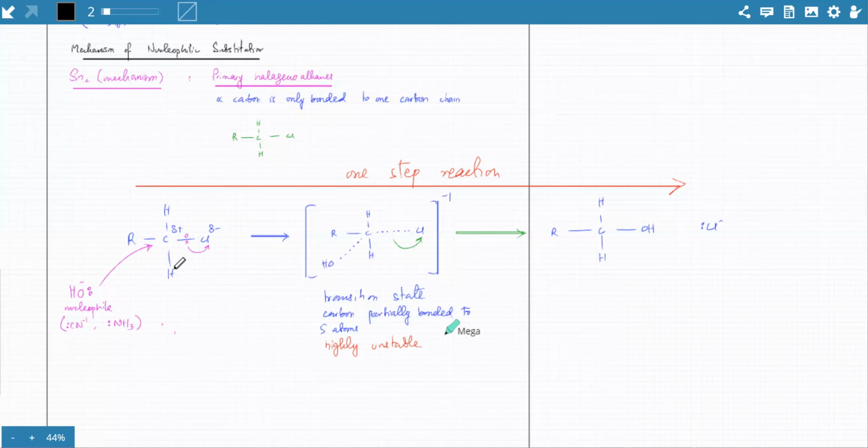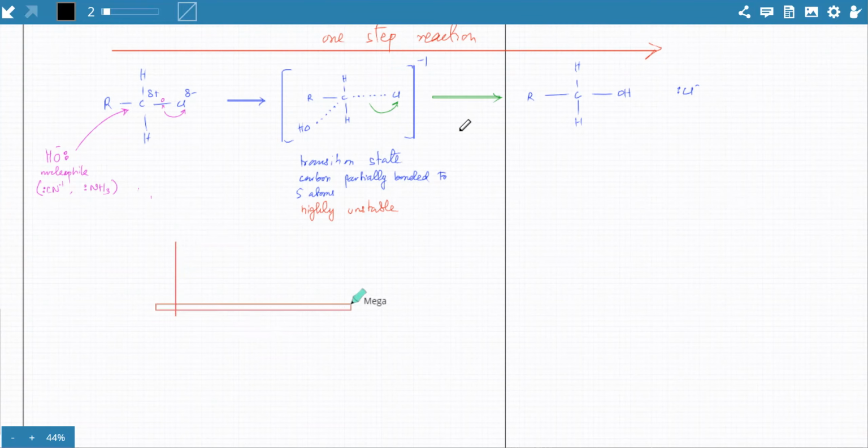And so that's a one-step reaction. You have to be very careful. Transition states are not actually obtainable. They're not actually formed. It's just one molecule transitioning into another molecule. If somebody tells you to identify the energy profile diagram for such a reaction, it's going to look like this.